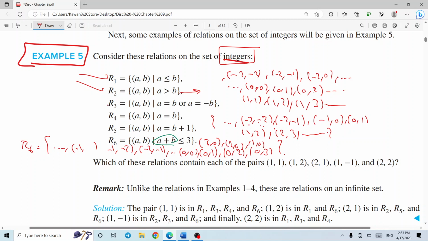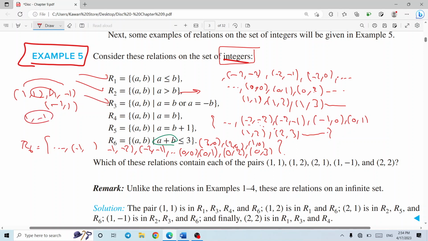How about here? For example, I have (1, 1). And I have (1, -1). And also I have (-1, 1). So we have (1, -1) and we have it. So again, we have it.